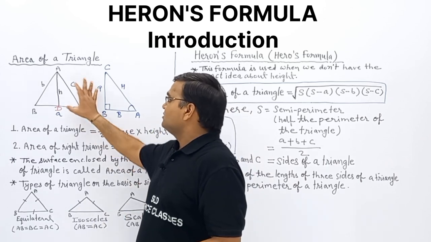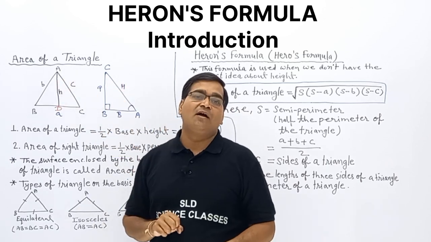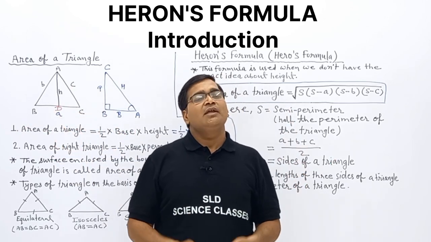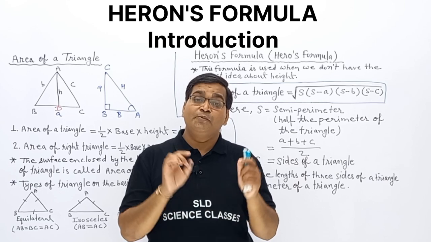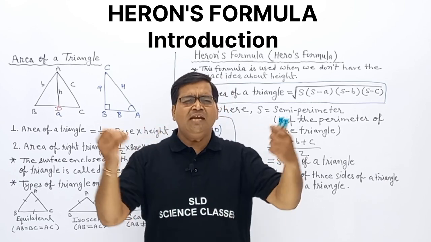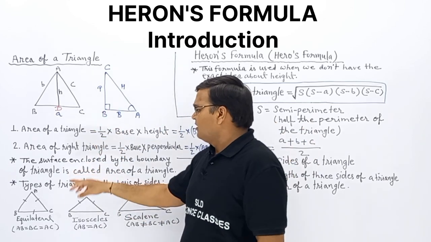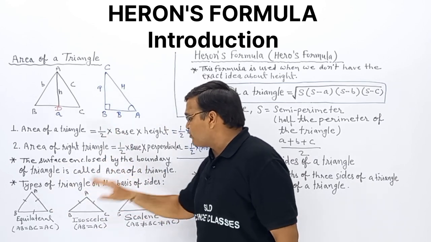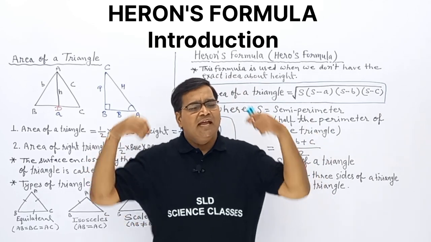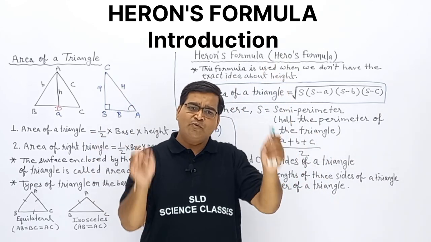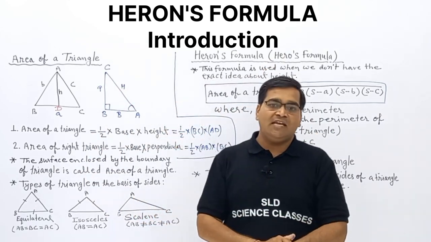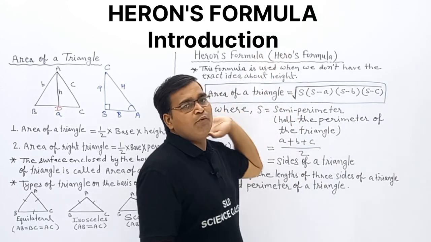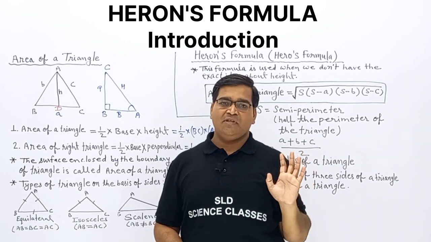If we are having the sides of any triangle, right triangle, equilateral triangle, isosceles triangle, scalene triangle, any type of triangle, and we want to find the area, we can find it by using Heron's formula or Hero's formula.